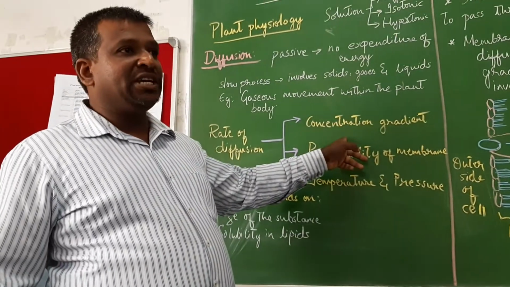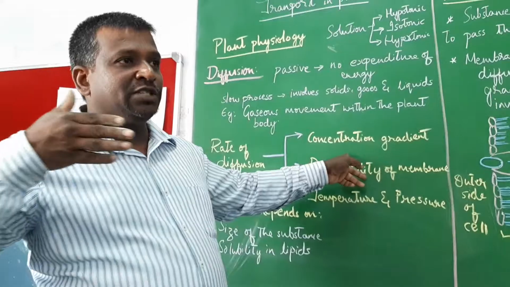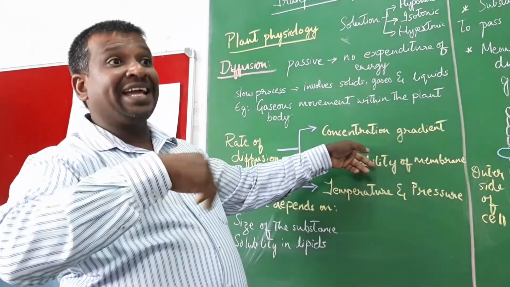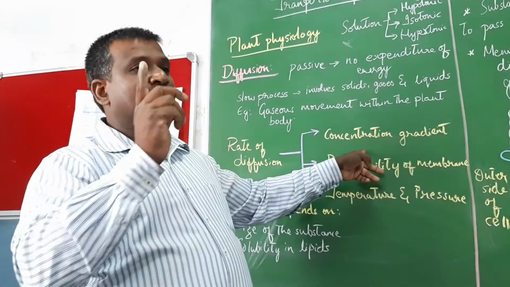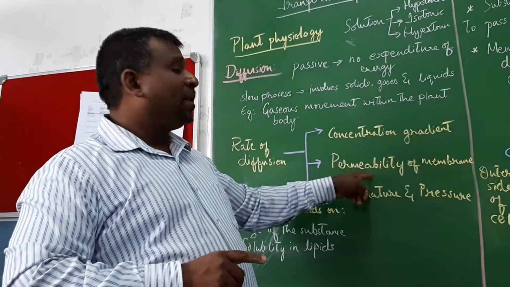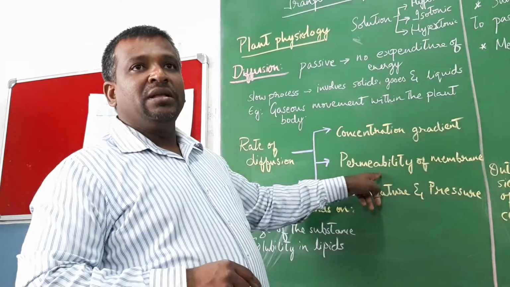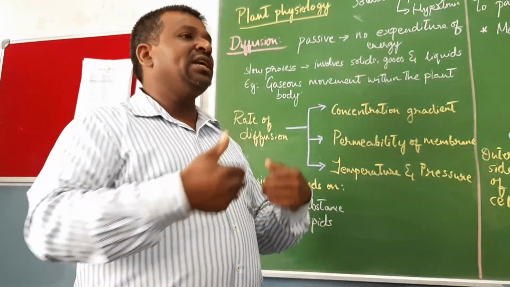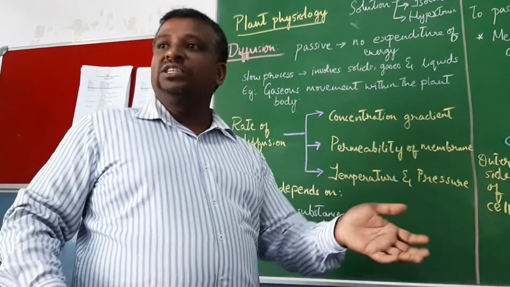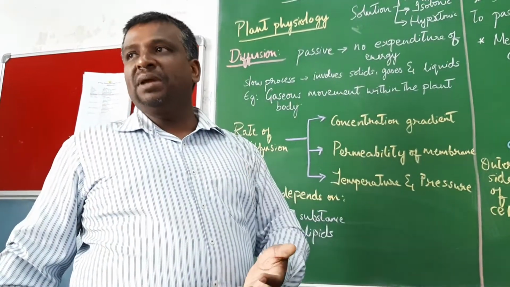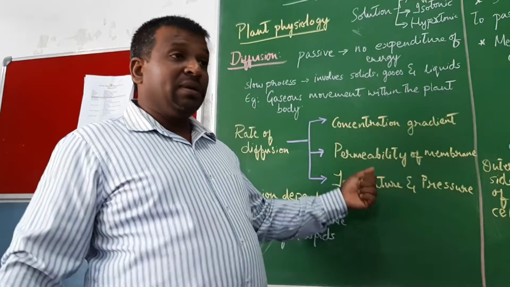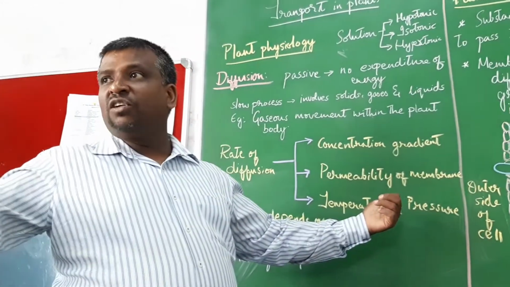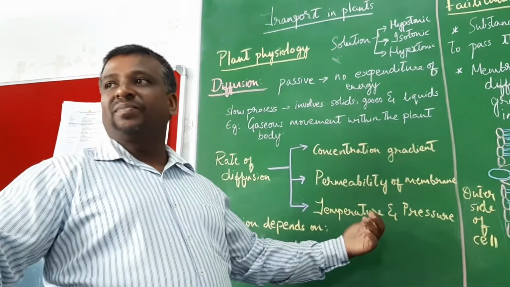One is the concentration gradient. Diffusion is always more along the concentration gradient and there is no diffusion against the concentration gradient, because diffusion is a physical process. Permeability of membranes: the cell membrane or plasma membrane is selectively permeable. It does not allow all the molecules to enter. So the impermeable particles cannot enter, and the rate of diffusion of impermeable particles will be lesser.